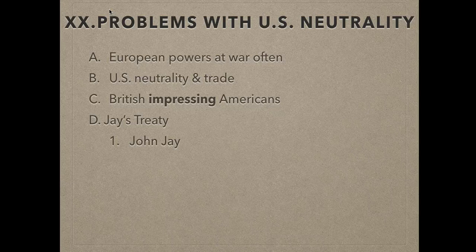And they still had not done this, over a decade later. This is 1794 that this treaty is signed. So they're particularly concerned with that as well as with the impressment.